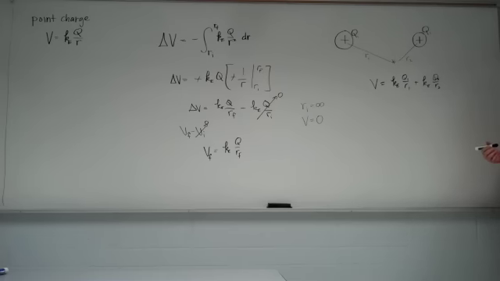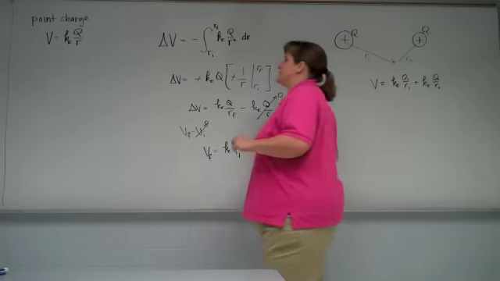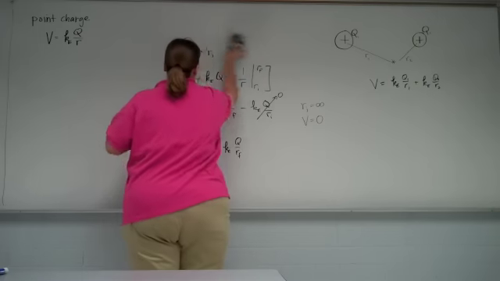So basically, if you want to find the potential or potential difference anywhere, either you need to know the electric field, the equation for the electric field around that object, and integrate it. Or we can do similar to what we did with electric fields.